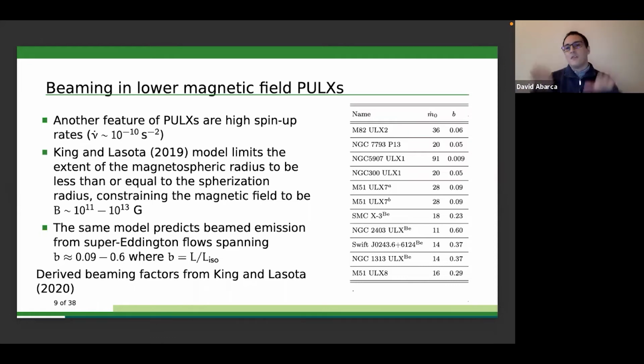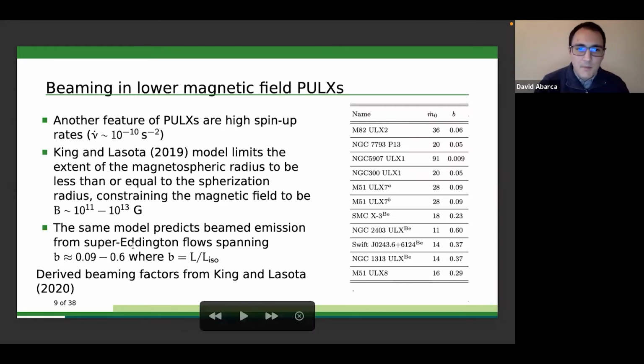But to do this, you have to have a very fine balance between what's called the spherization radius, which is the radius where these outflows start to be launched, and the magnetospheric radius, which is the radius where the magnetic field cuts off the accretion flow and forces the gas to flow into columns. From this very specific relationship, you can derive a model.